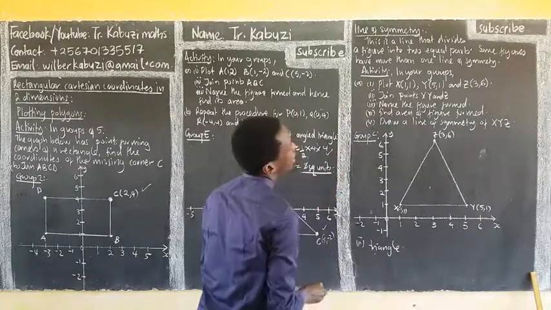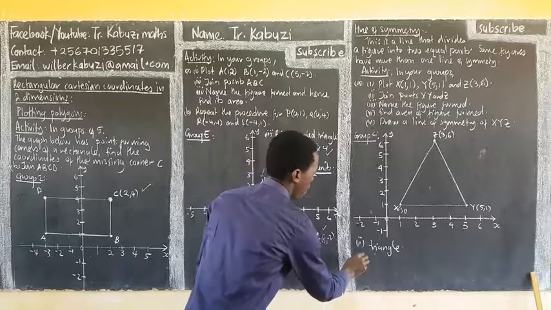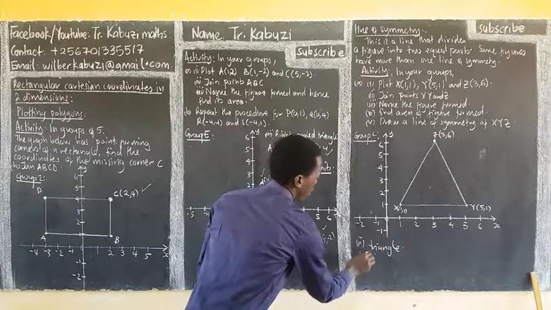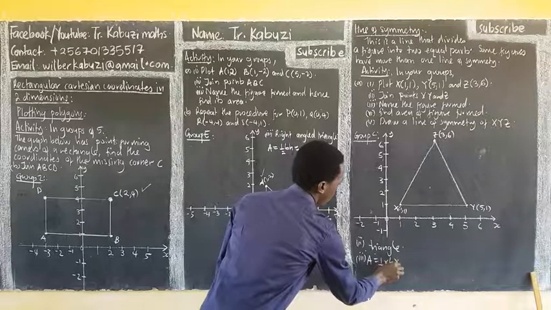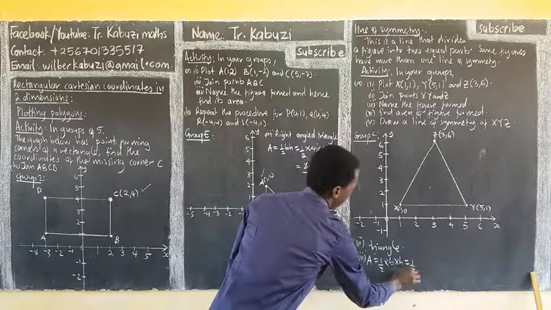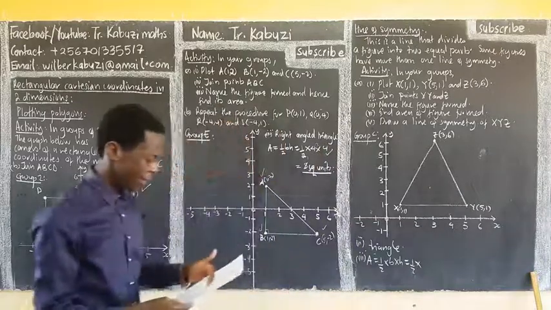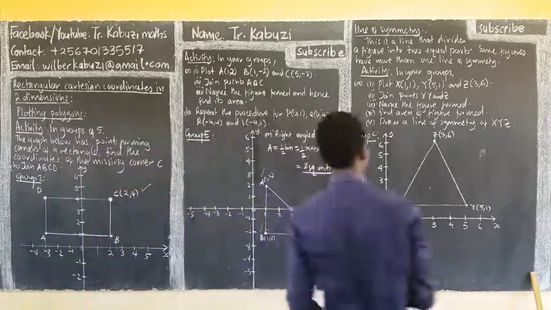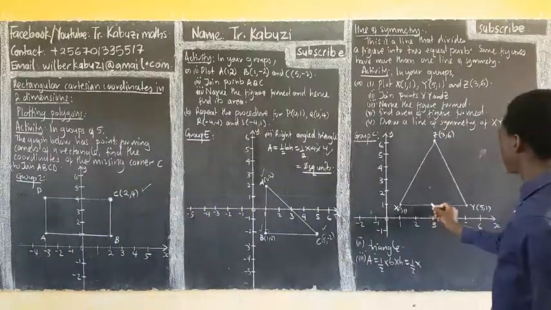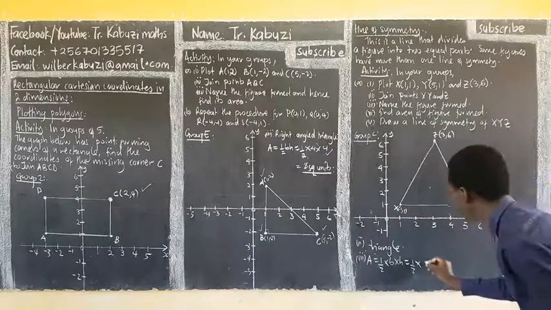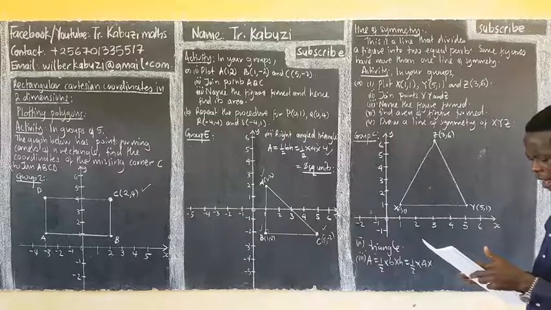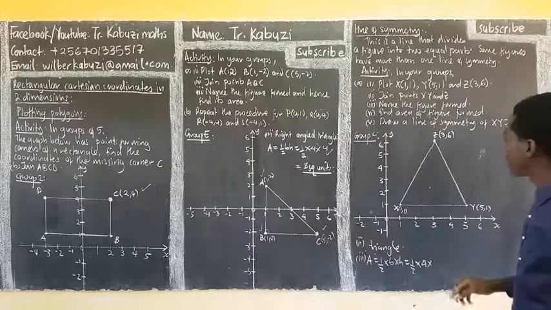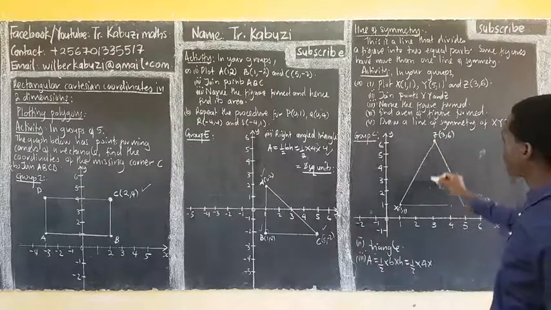Then find the area. Our area is always a half times base times height. It is going to be a half times. How did they capture the base? They counted 1, 2, 3, 4. So you have 4, then times 5. Let us count and see. 5 is the height. For me up here is the height.